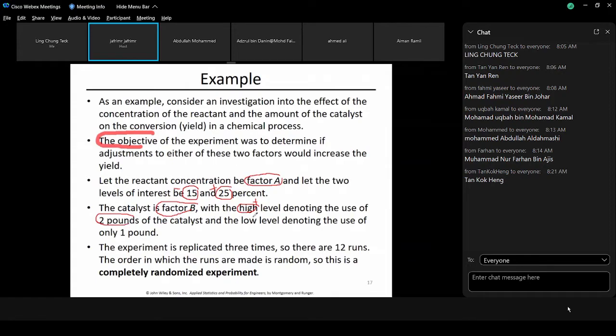Low, negative, at 1 pound. Then replicate 3 times, and the total number of runs is 12 runs. The experiment must be completed in random order in order to avoid bias. Everything must be done in random, that means equal chance.